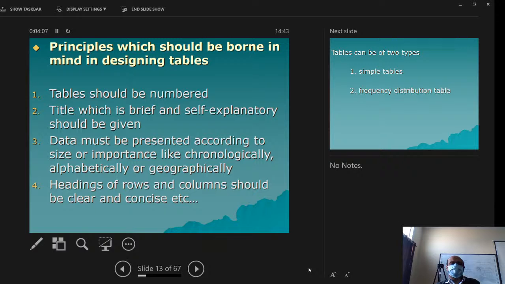The principles to be borne in mind in designing tables are: the table should be numbered, a brief and self-explanatory title should be given, and data must be presented according to size or importance, like chronologically, alphabetically, or geographically.